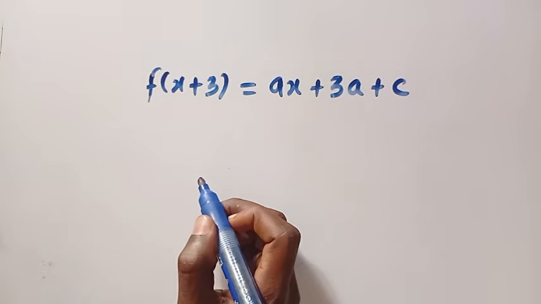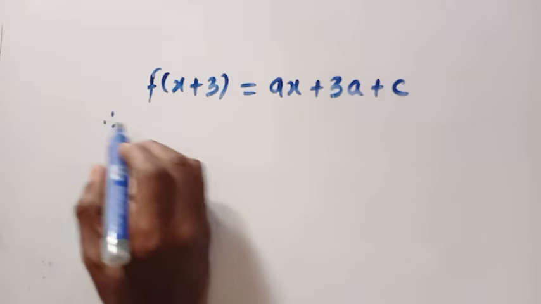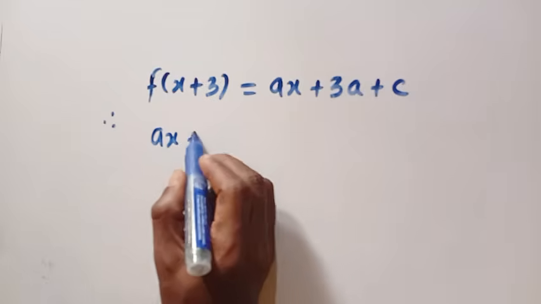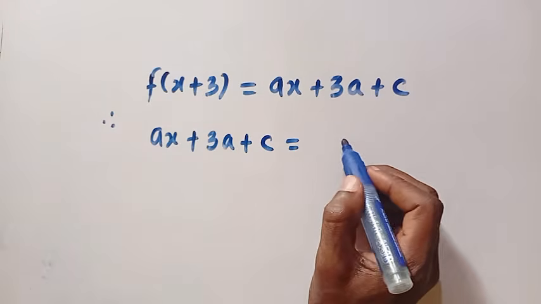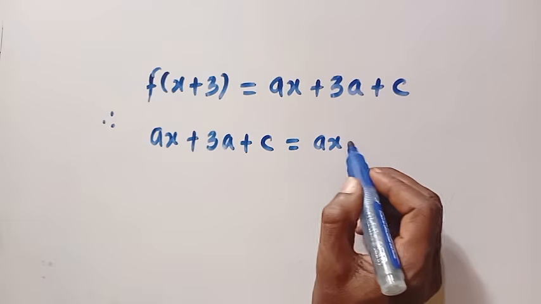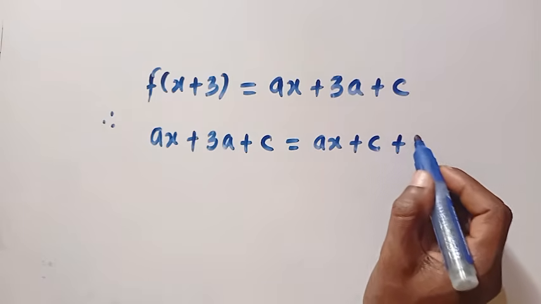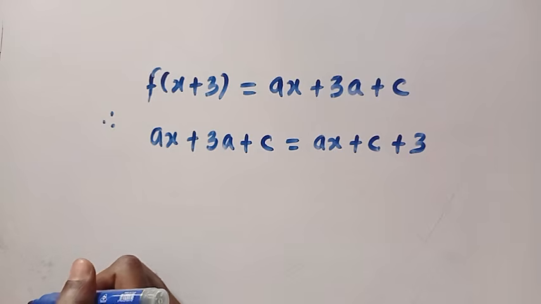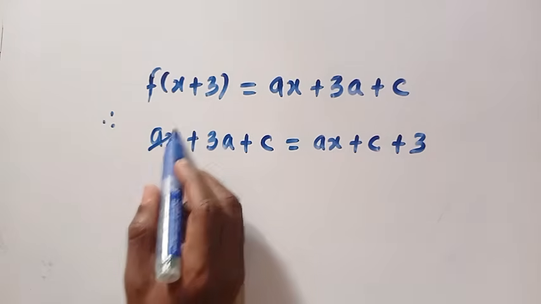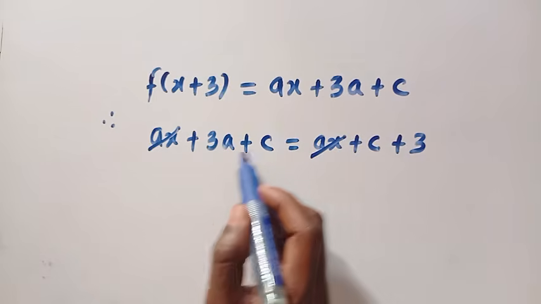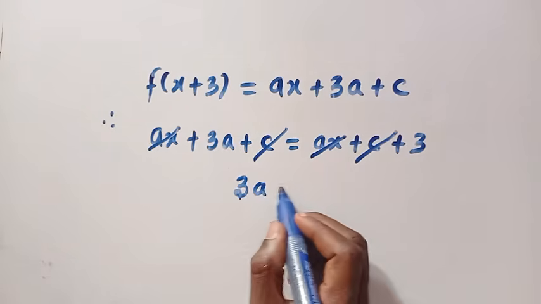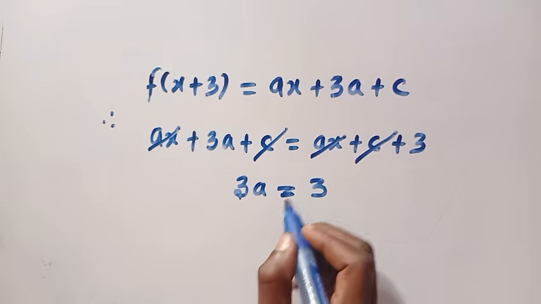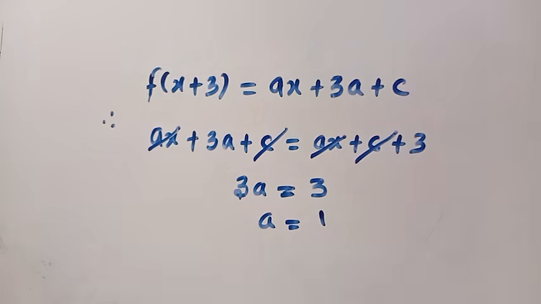Then by equating the two sides, we have ax + 3a + c = f(x) + 3, that is ax + c + 3. Then let's compare the coefficients. From these two sides, ax cancels ax and c cancels c. We only have 3a = 3, and therefore a = 1.